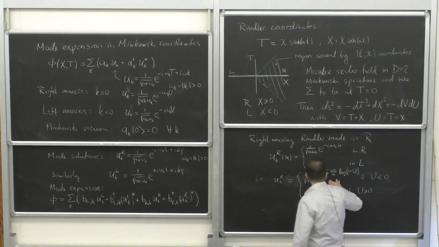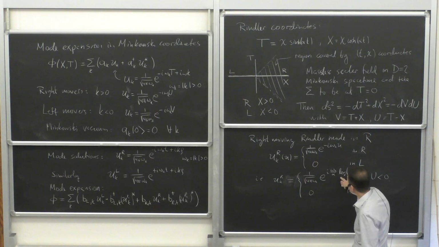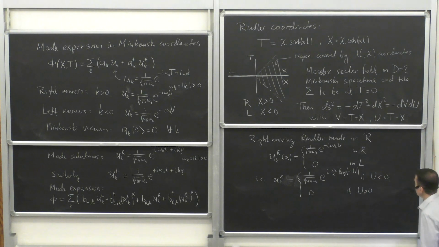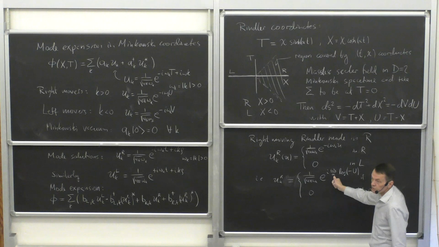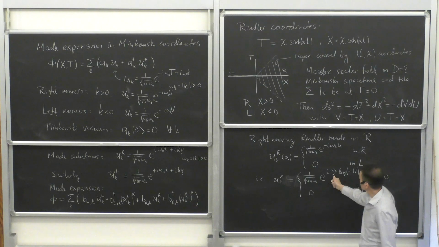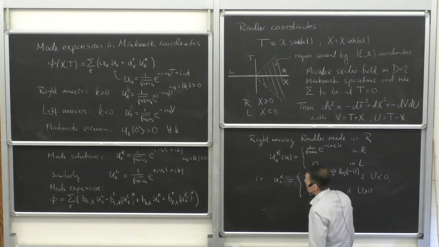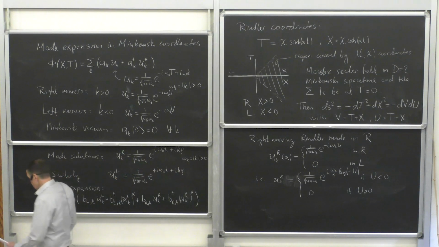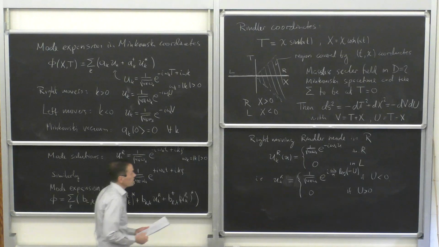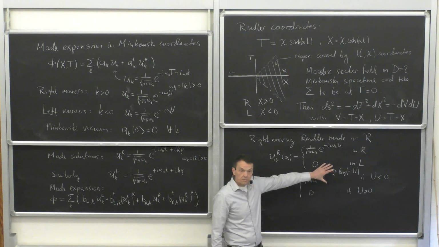So if we insist that we are in a Minkowski vacuum, and this mode is not purely positive frequency but has some negative frequency component, then when we look at the corresponding mode coefficients, it will tell us that from the point of view of the Rindler vacuum, this has some particle excitation.